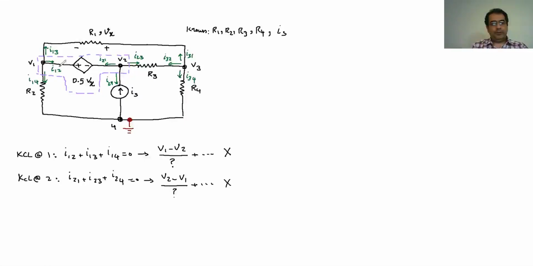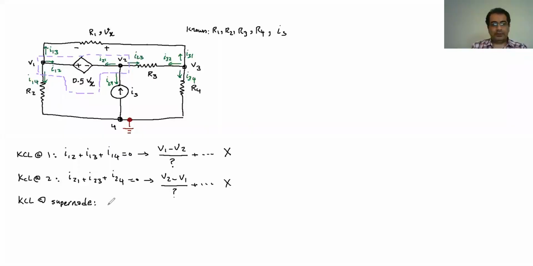If I get the supernode, or basically the region, then instead of writing for 1 or for 2, I can write the KCL at the supernode. In other words, I select a region in the circuit. Everything that enters that region should leave that region, or everything that enters that supernode should leave that supernode.